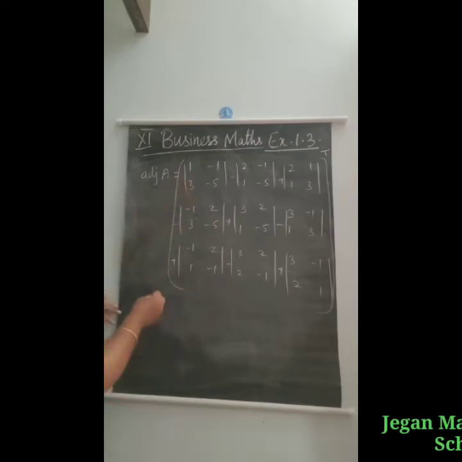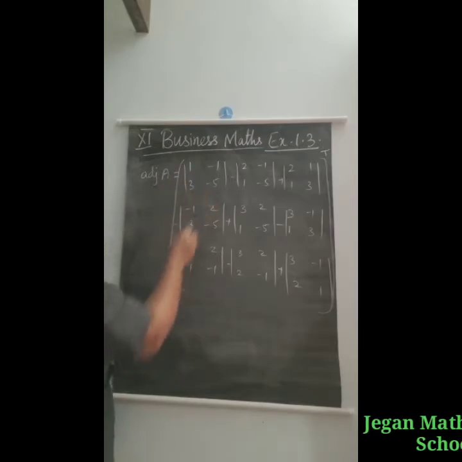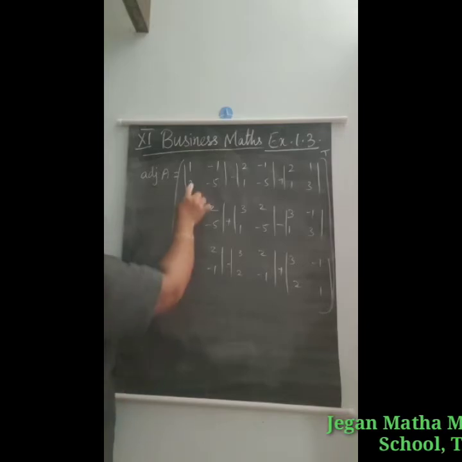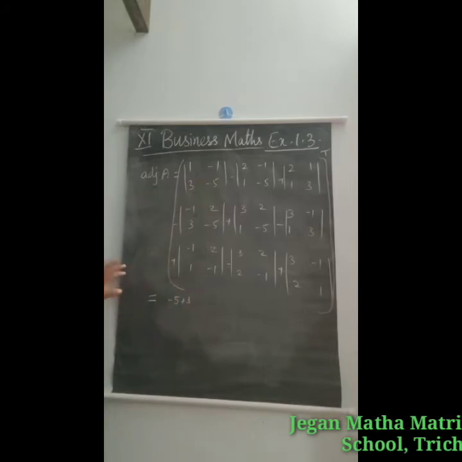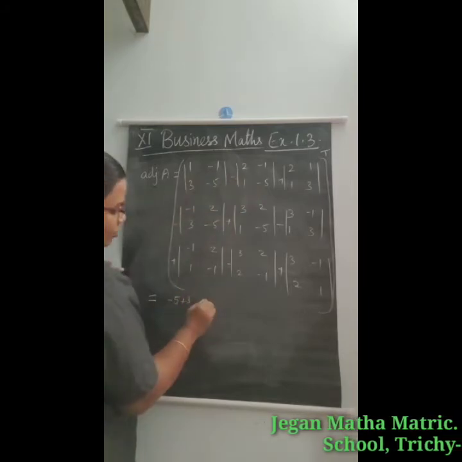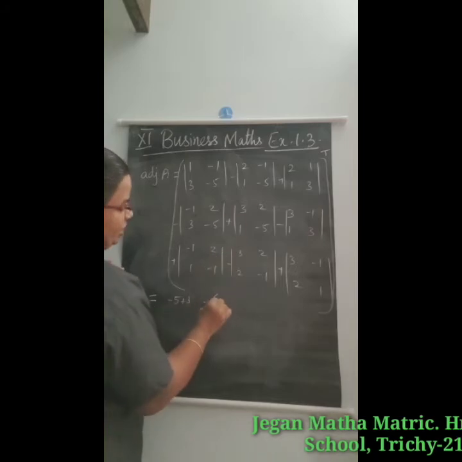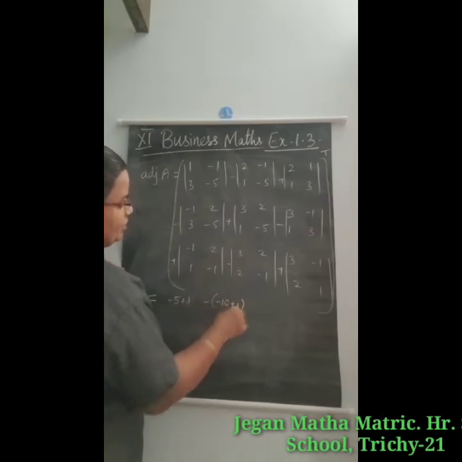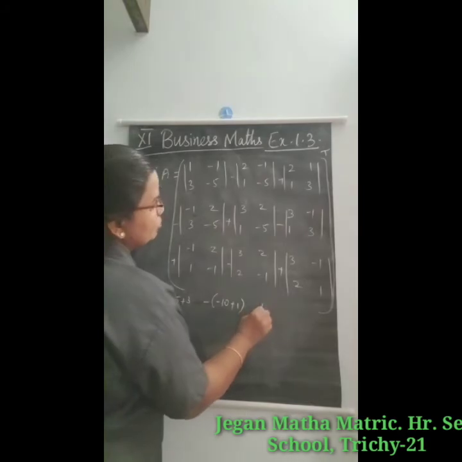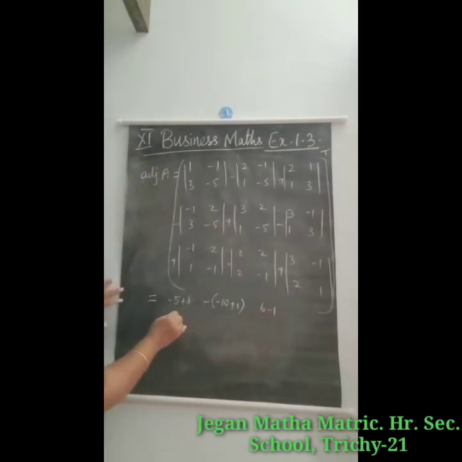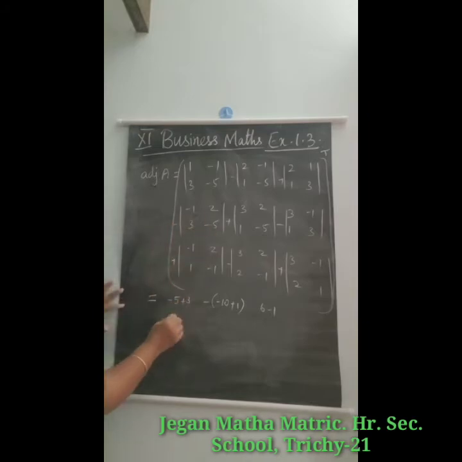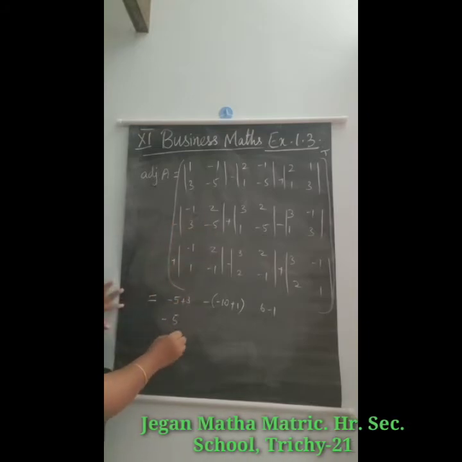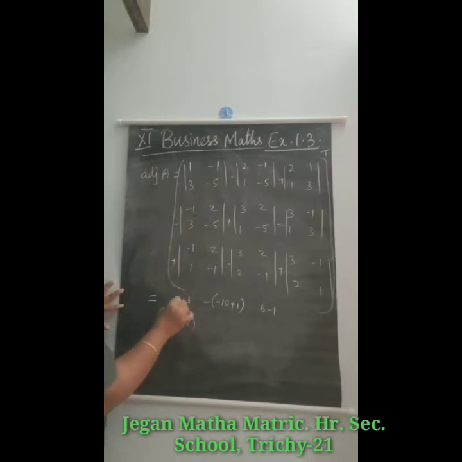So you have to take the determinant value minus 5, here minus 5, here minus 3, so plus 3, minus 5 plus 3, and here already one minus is there. So here minus 10, minus of minus plus 1, and here 3 2s are 6 minus 1. Next term, here minus, already one minus is there. So minus of minus plus 5 and minus 6.